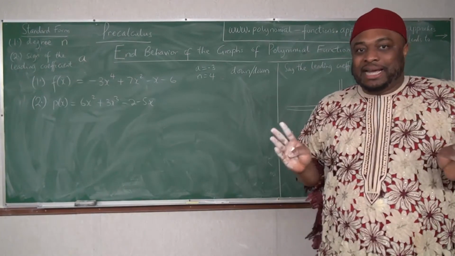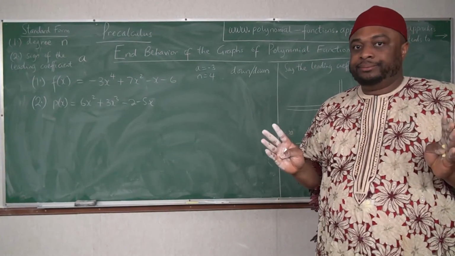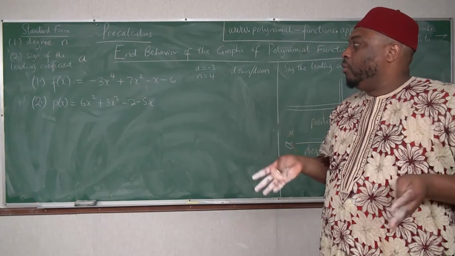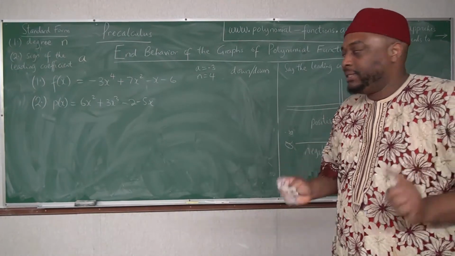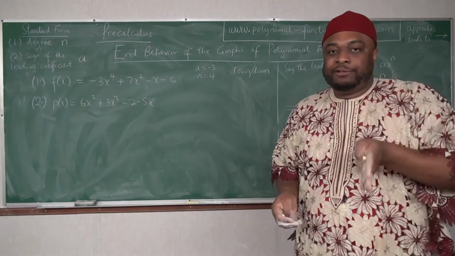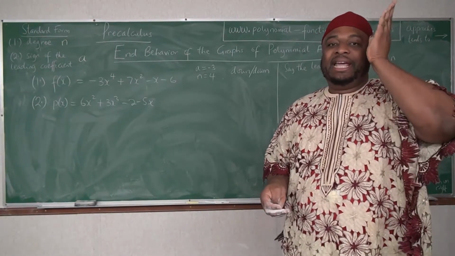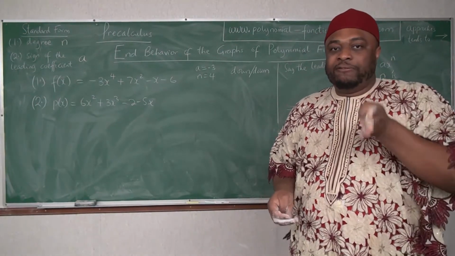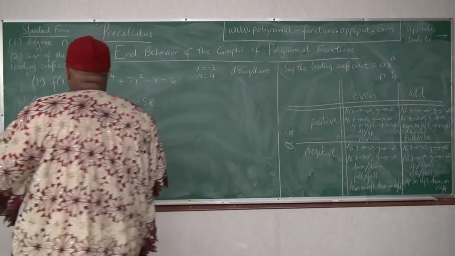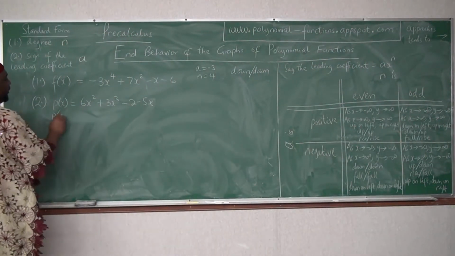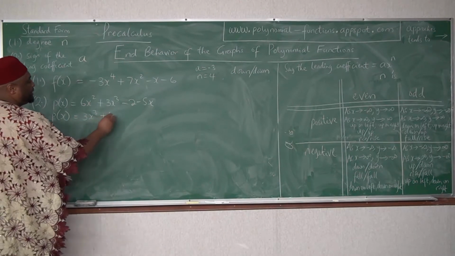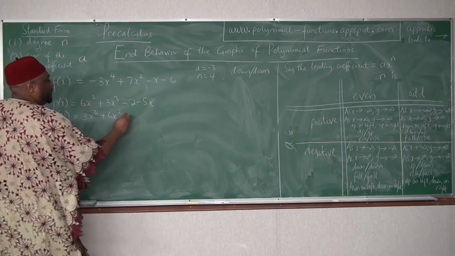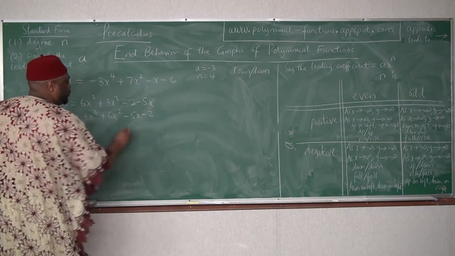It is not in standard form. We have to always put it in standard form first. You have to arrange the terms in descending order of exponents. So P of x is 3x cubed plus 6x squared minus 5x minus 2.